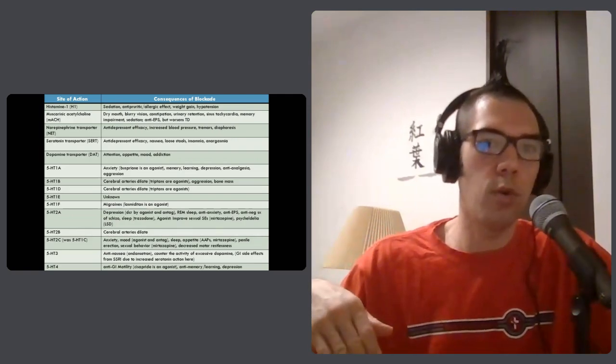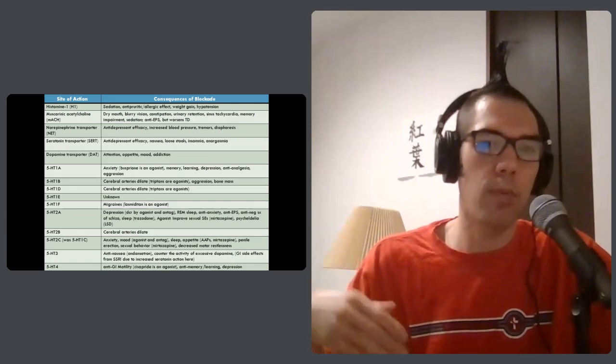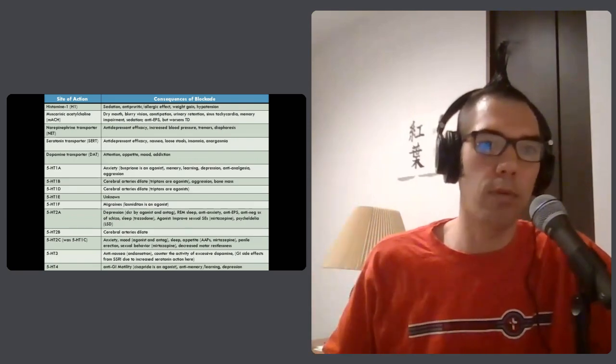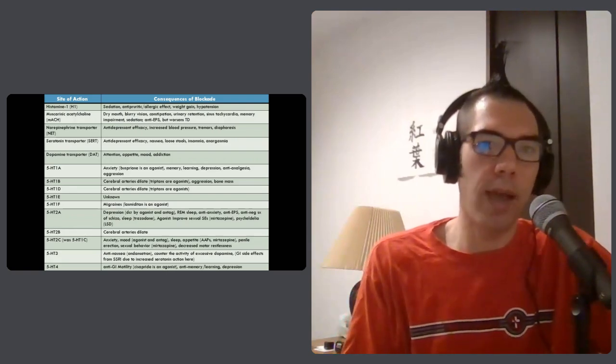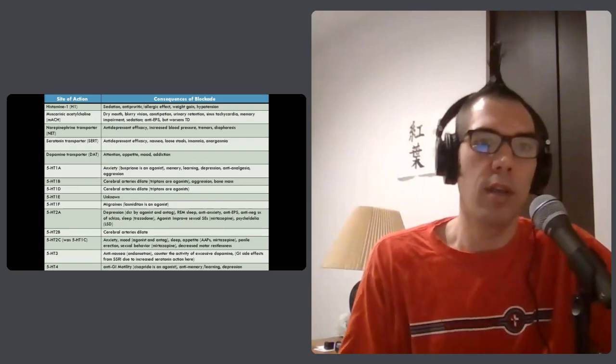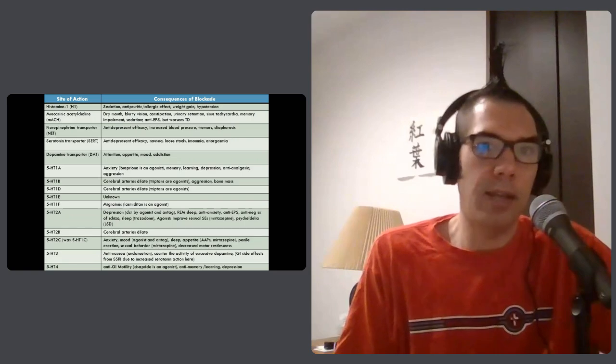Next receptor is the norepinephrine transporter. We talked about that a couple lectures ago. It's an effect that gives us an antidepressant effect, so your SNRIs are going to work on this receptor. Also, a lot of ADHD medications work on this receptor as well.